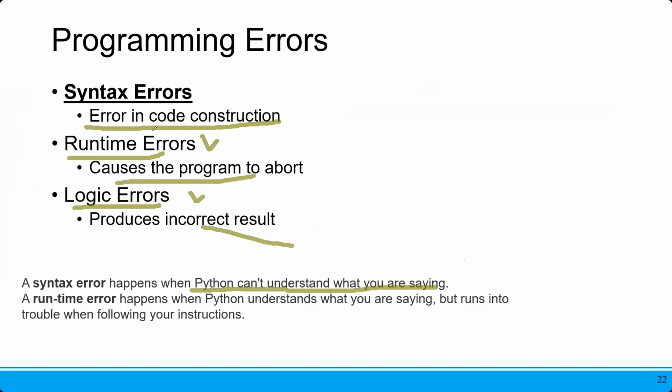So this kind of error, we will learn by the time. A runtime error happens when Python understands what you're saying, but runs into trouble when following your instructions. So this kind of error may happen and it may cause the program to not be compiled.